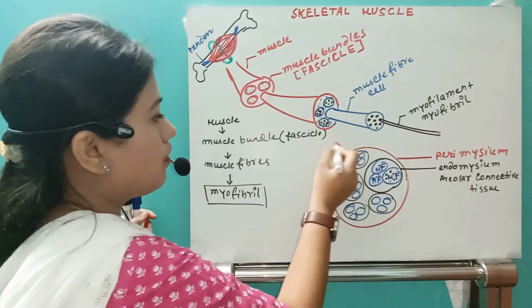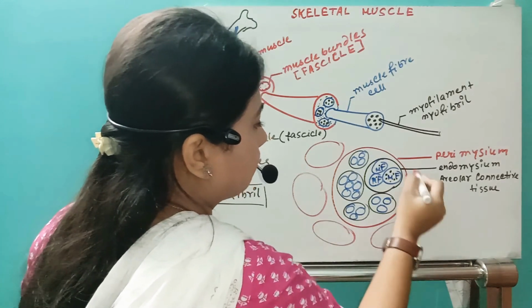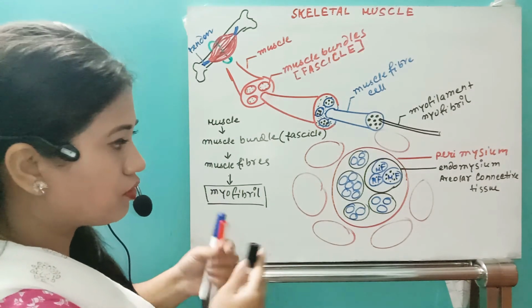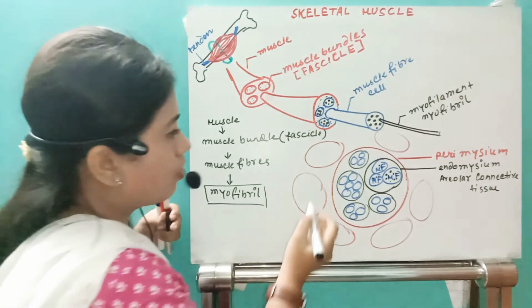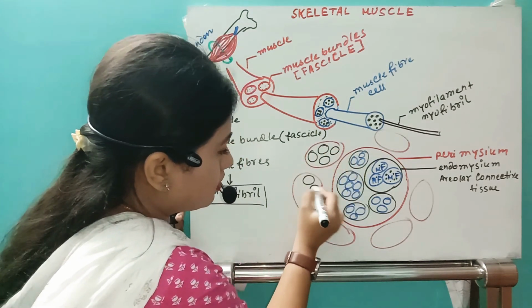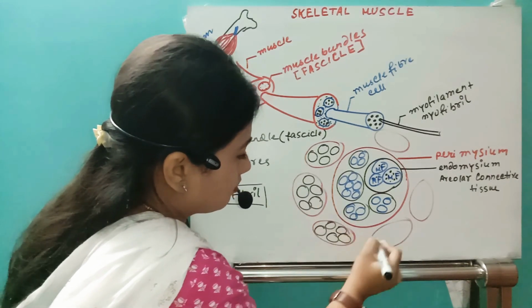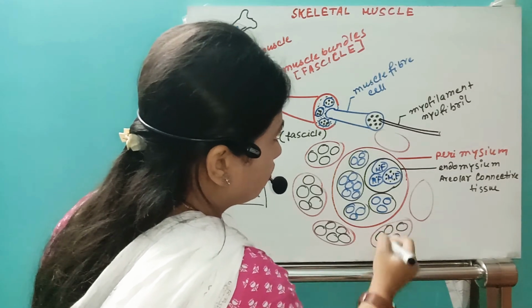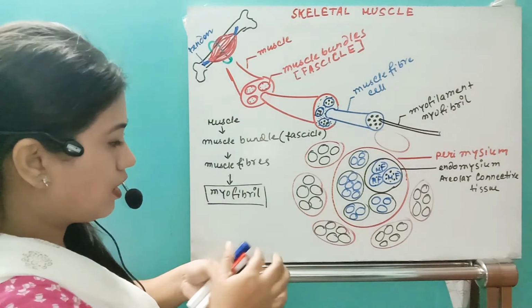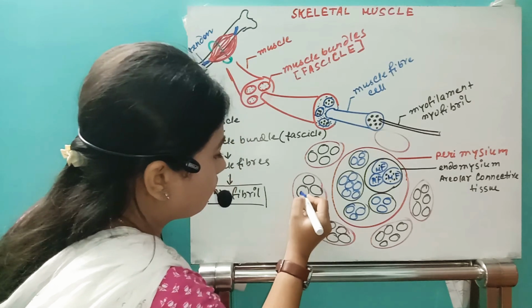This way we are going to have a number of perimysium. Perimysium is just a covering. Inside it we are going to have a number of endomysium, which covers the cells or muscle fibers. Inside that we have the muscle fibers. These are the cells.